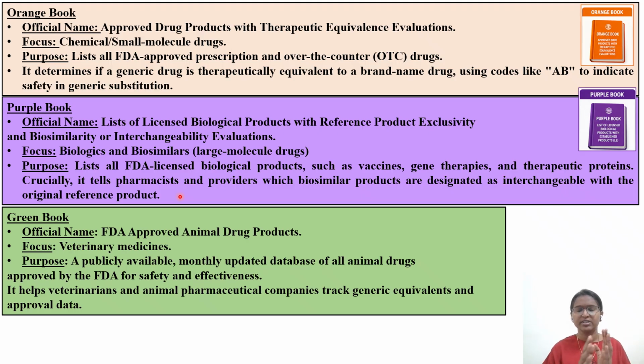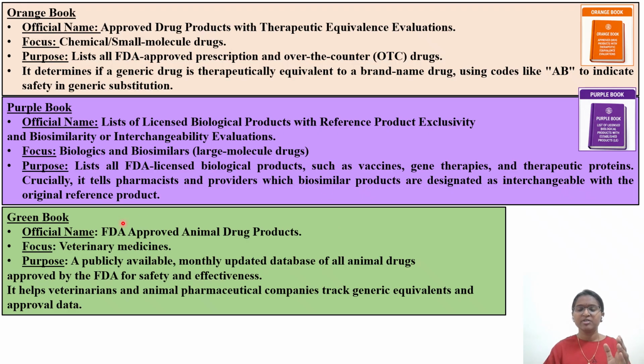There you will understand there is one concept called interchangeability, evaluated by head-to-head comparison between the biologic and biosimilars. For the meantime, remember, the Orange Book is associated with small molecules, whereas the Purple Book is associated with biologics.